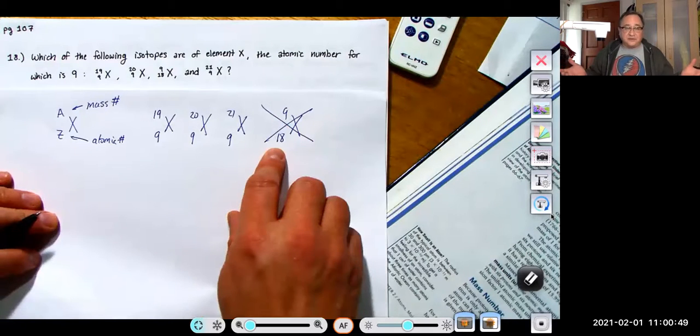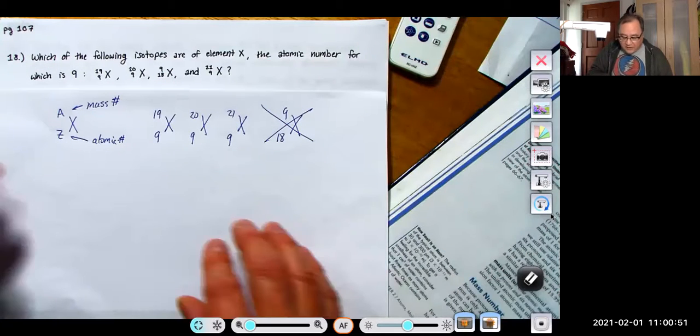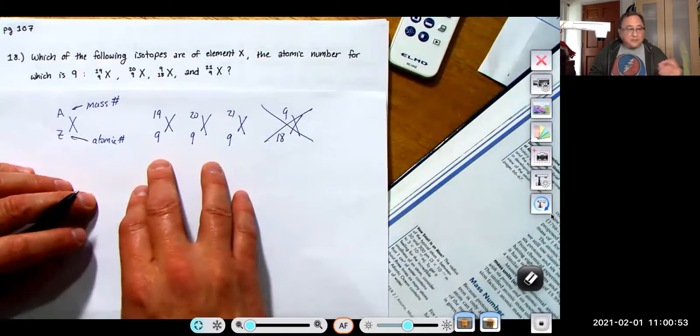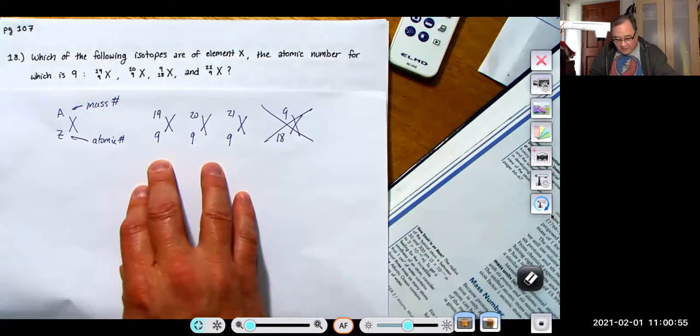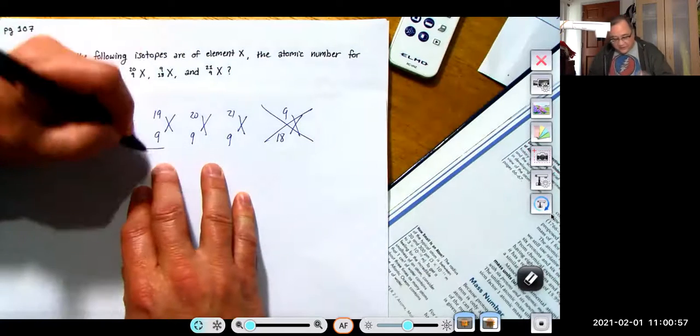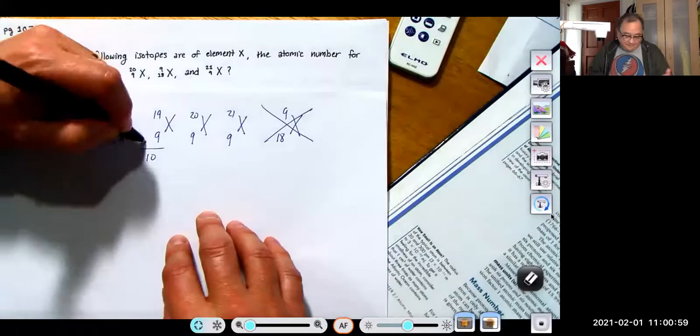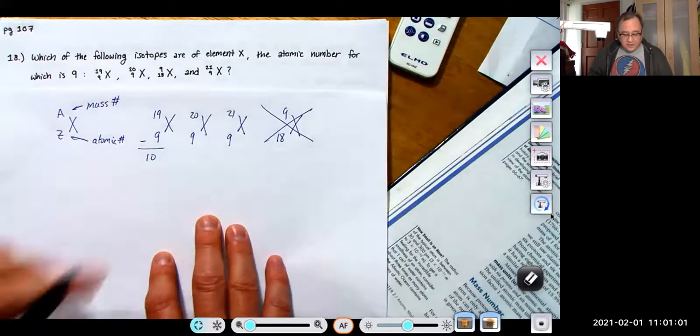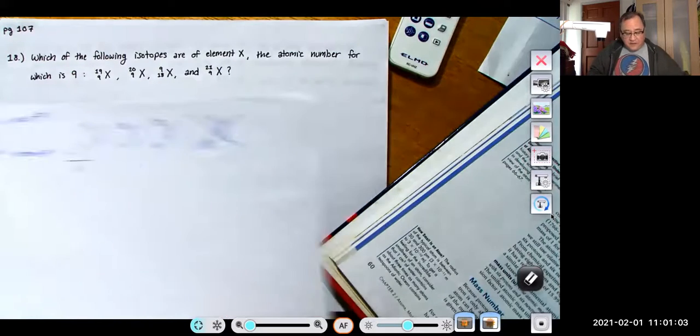That's impossible. So I kind of like the way the symbols are written. We put the bigger number on top, the smaller number on the bottom, so that when you do a subtraction, it makes sense. And that's the number of neutrons. Are we okay to move on from there?